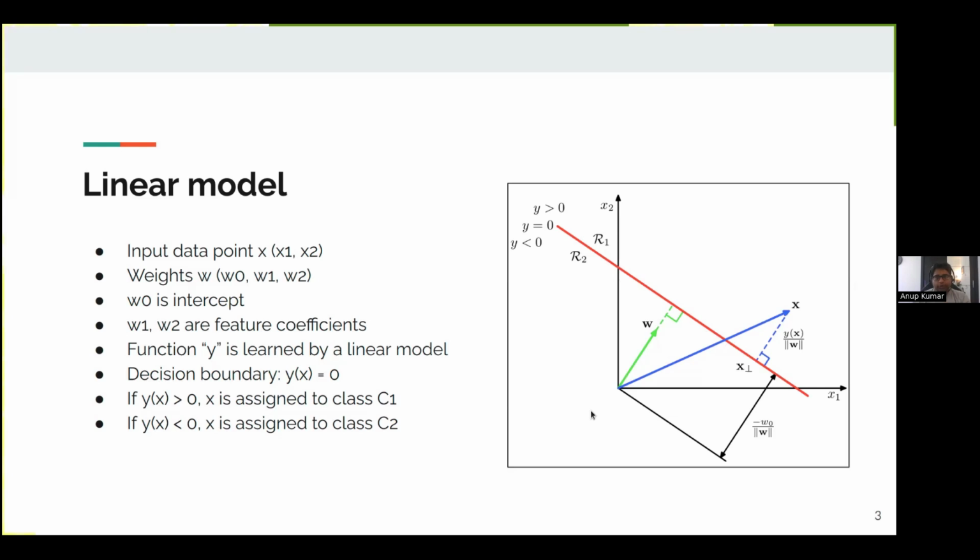However, when the points fall somewhere here, then the value of y becomes less than 0, and that new point becomes a part of class 2. That is what the decision boundary does. It tries to classify a new point into two categories, class 1 and class 2.